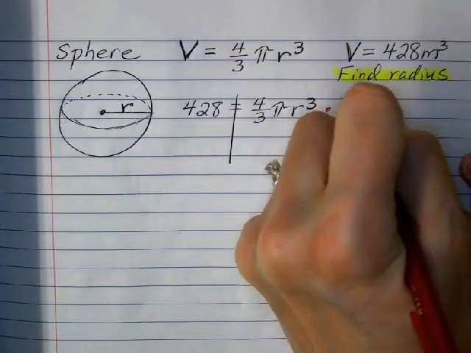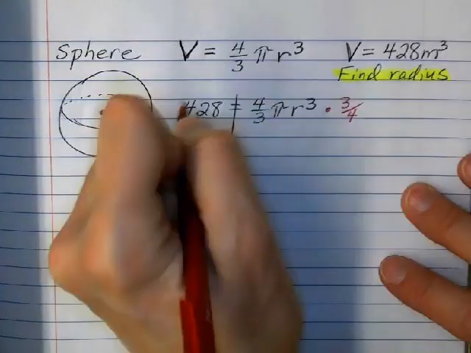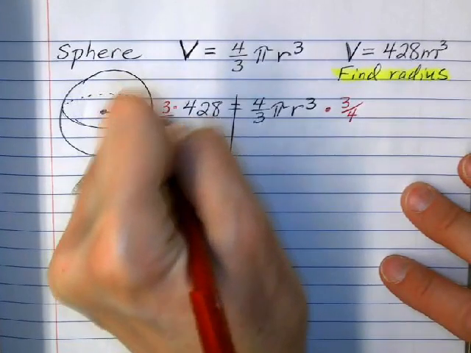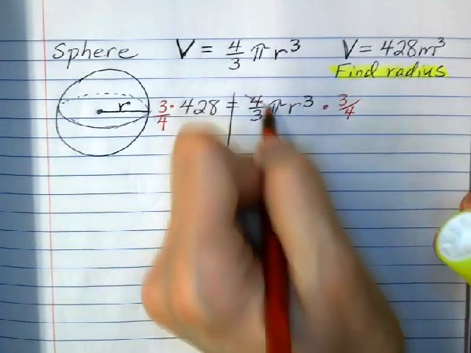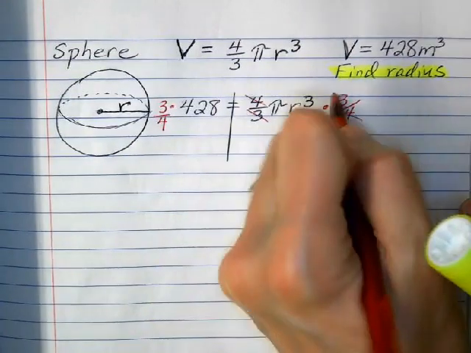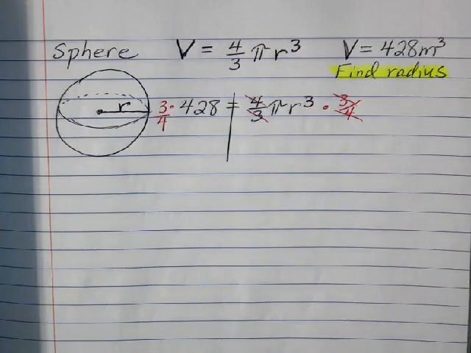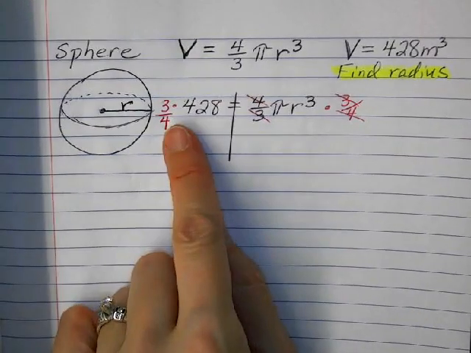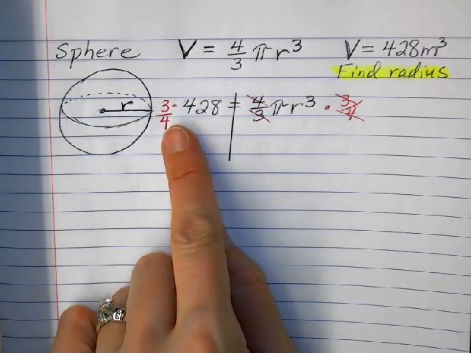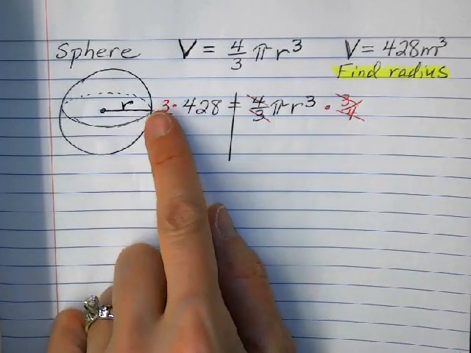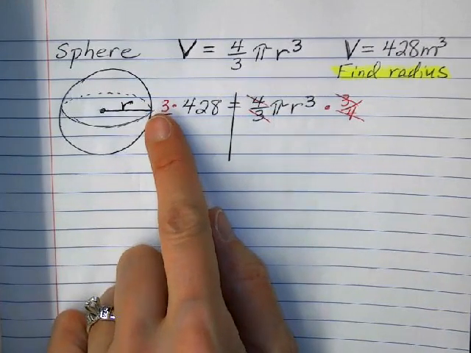Good job. Times by 3/4, because that'll cancel the 4/3. All right, so we got to take 428 and times it by 3/4. Okay, so I do that. I got 321.